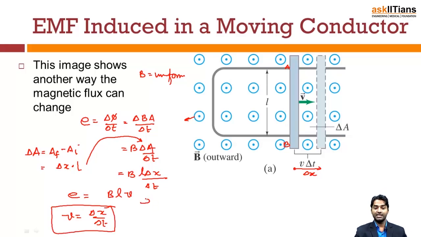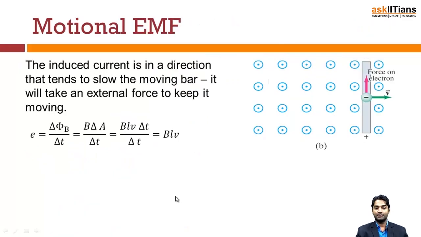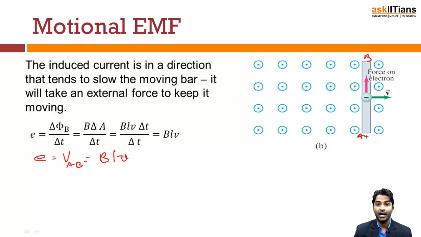So we must understand that EMF is directly proportional to the magnetic field, directly proportional to L, and also proportional to the speed. Also, as we increase the number of turns, the EMF across the coil will definitely increase. Now this is the application part: if an electron is moving in the conductor from point A to B, the induced EMF across the ends of the conductor equals the potential difference produced by the motion of this coil inside the magnetic field, represented by BLV, as we already discussed.